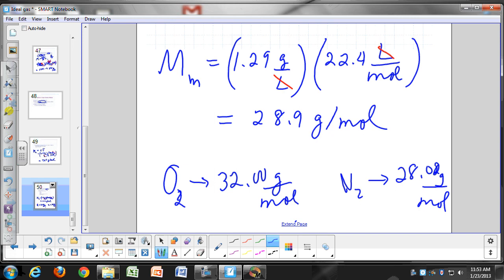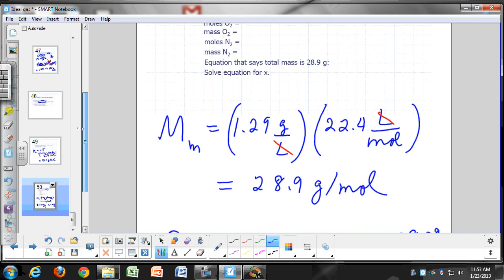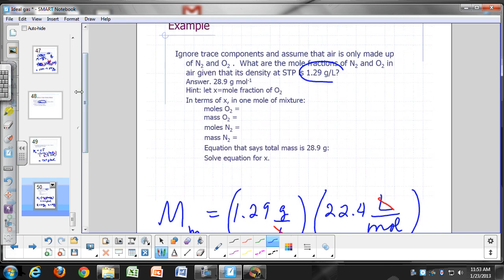So what do you have more of? What's this average closer to? Is it closer to 28 or 32? Closer to 28. That means you have more nitrogen in your sample than you do oxygen. You can actually figure out because you know how to calculate average, right? So let's just assume you have 1 mole of mixture.